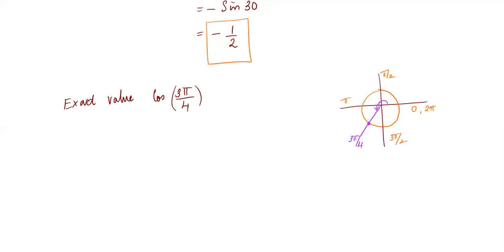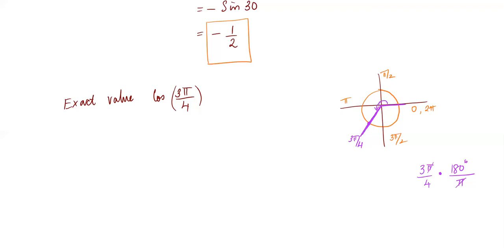So 3 pi over 4 times 180 degrees over pi, that's the conversion. Do the conversion, and that will help you find the corresponding degrees, and also help you see which quadrant this is in. But it's a good idea to develop the habit of understanding this in the radian format itself.